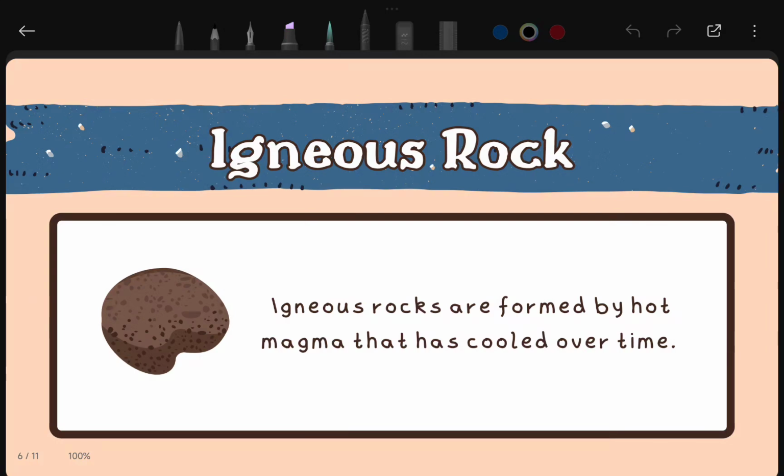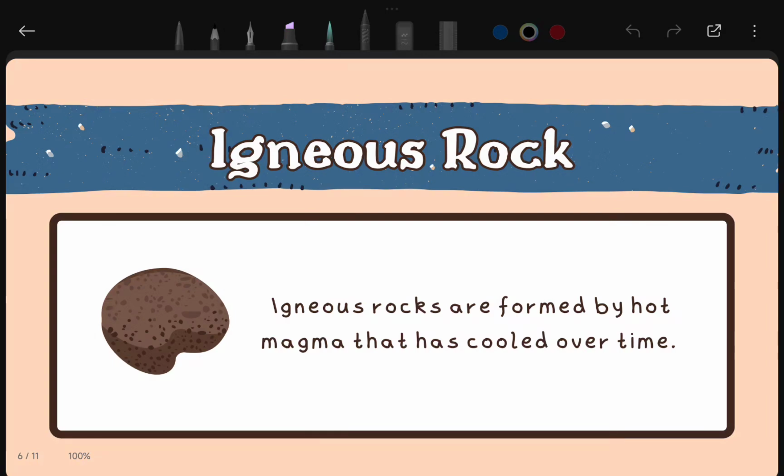Igneous rocks are basically formed by hot magma that has cooled over time. I already mentioned that due to high temperature and pressure, metamorphic rocks are formed. That means these rocks are in a nearby area of the magma, in the mantle area of the layers of the earth.